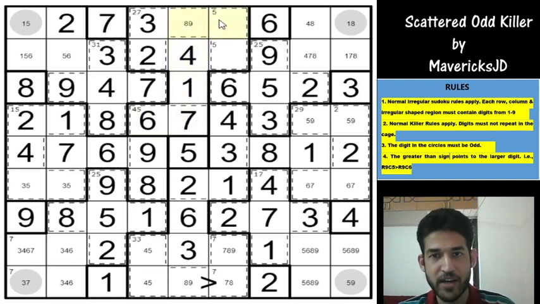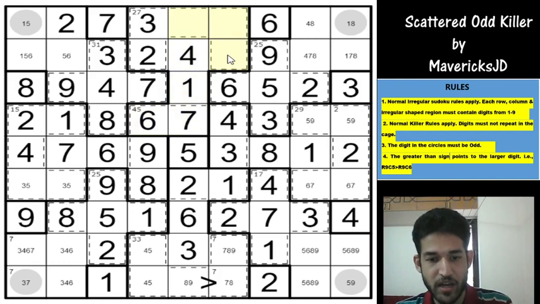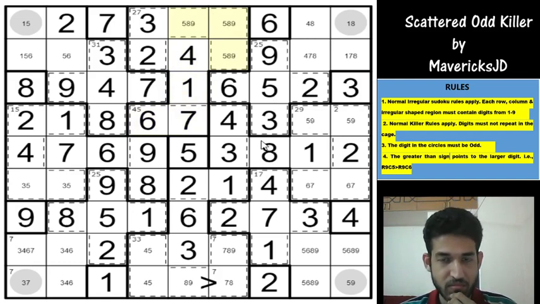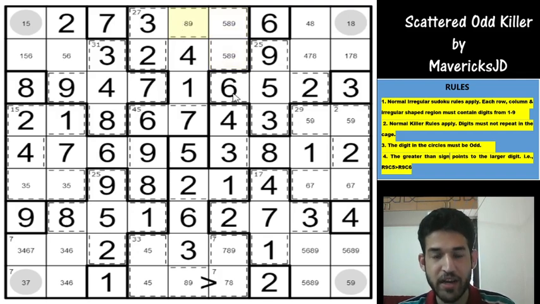So you have 8, 9 here, and these cells now we know must be 5, 8, 9, right? That's not a 5, so that's 8 and 9. That's not a 9, because you have a 9 here. So 5 and 8, so 9 must be in one of these cells.